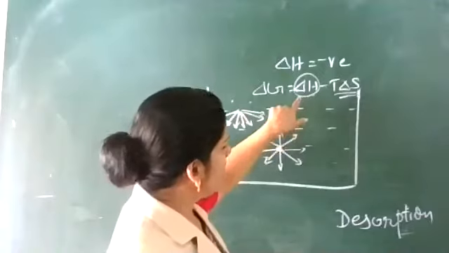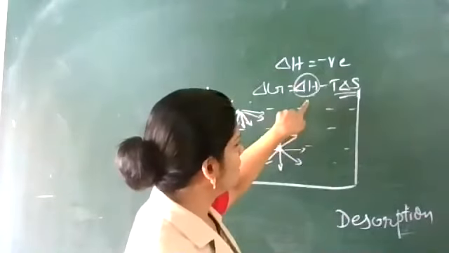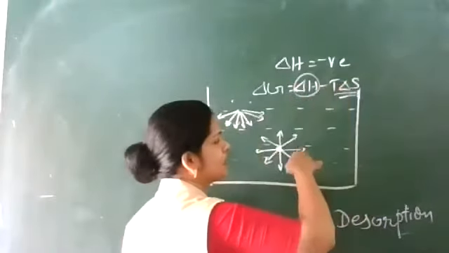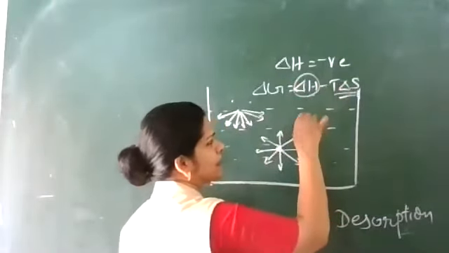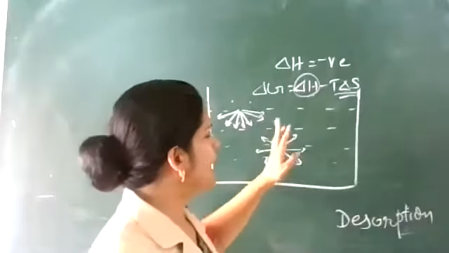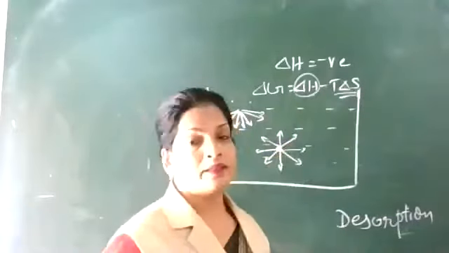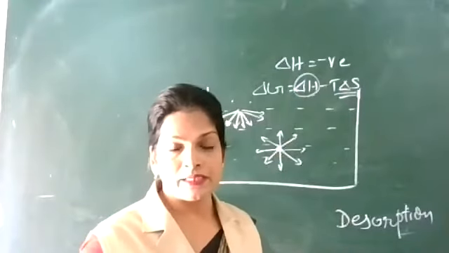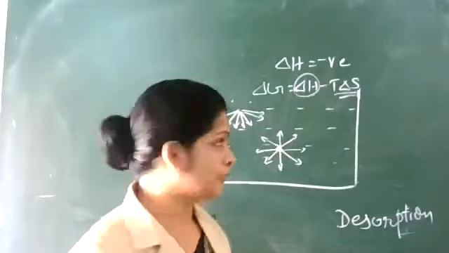So, as the adsorption continues, this delta H value becomes less negative. It becomes less negative, and when it becomes equal to the magnitude of T delta S, delta G becomes 0. That is, the process comes to an equilibrium.